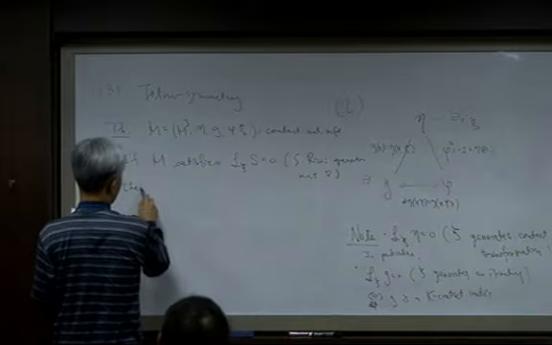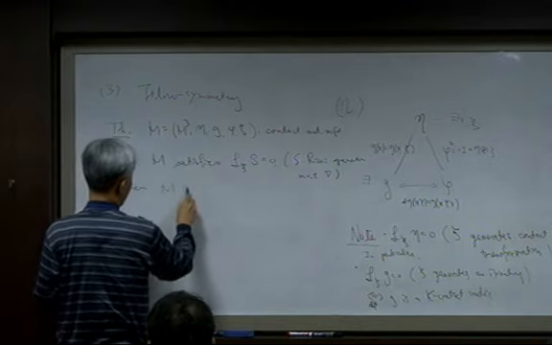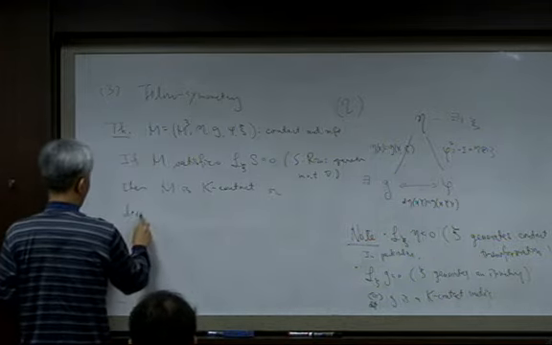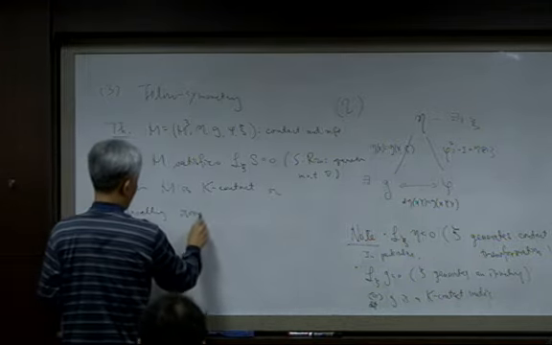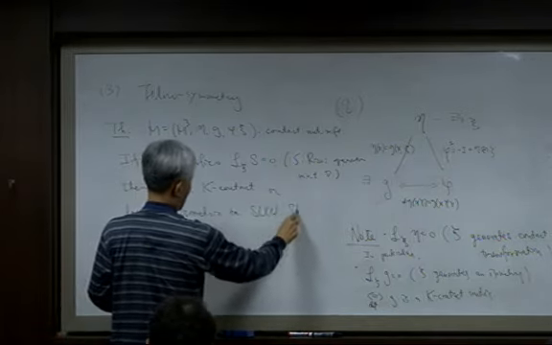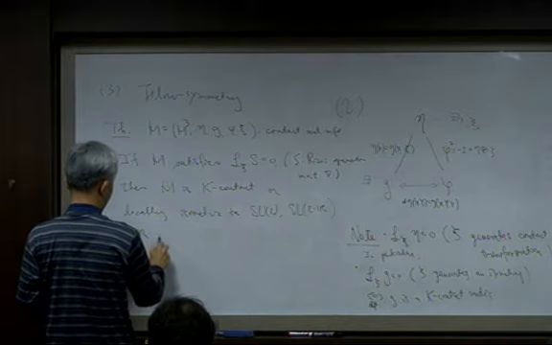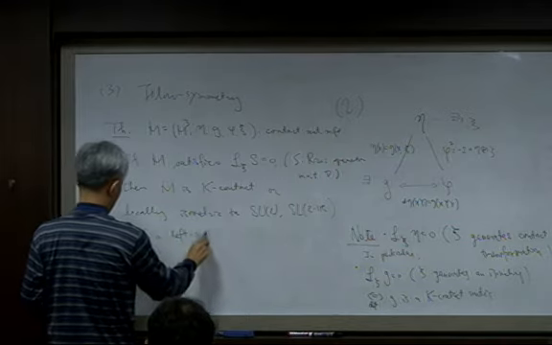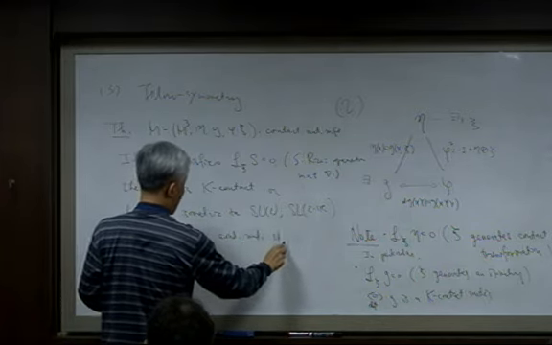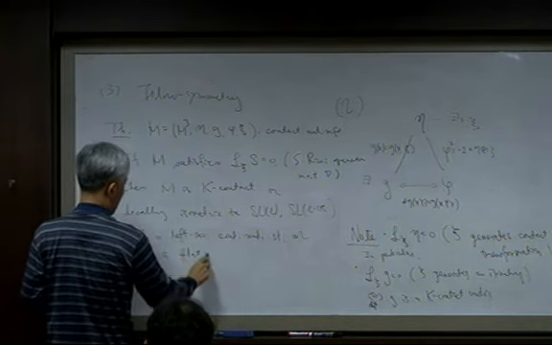Then M is K-contact, or locally isometric to SU(2), SE(2), or SL(2,R) with a left invariant contact metric structure, or a flat manifold.